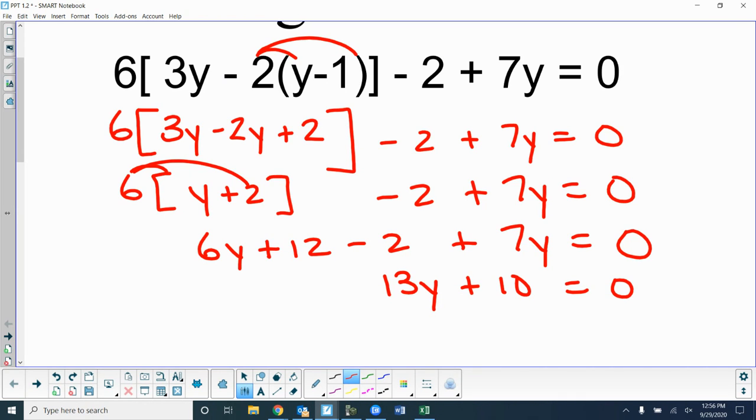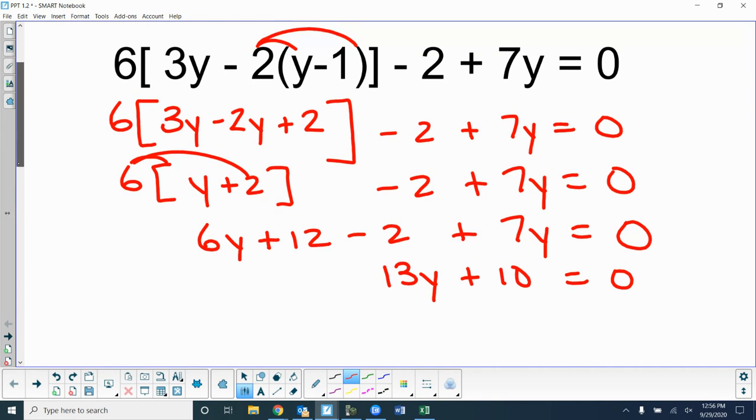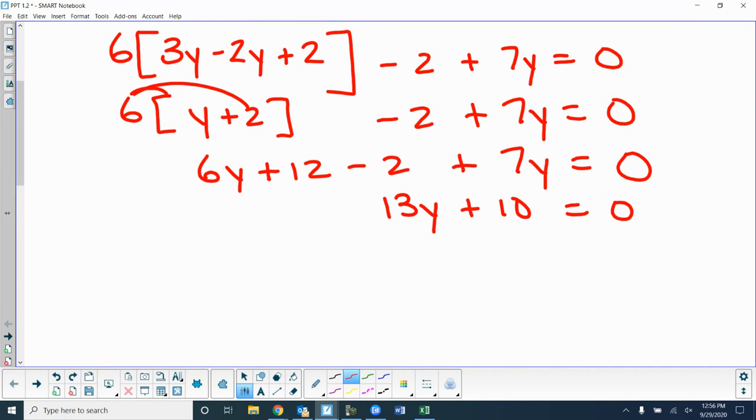Now it looks more like something we're used to working with, right? Any questions to this point? What we did is just simplify that whole left side. The right side was just 0. And now I'm going to subtract 10 because I'm going to the opposite side now. Do the opposite of addition.